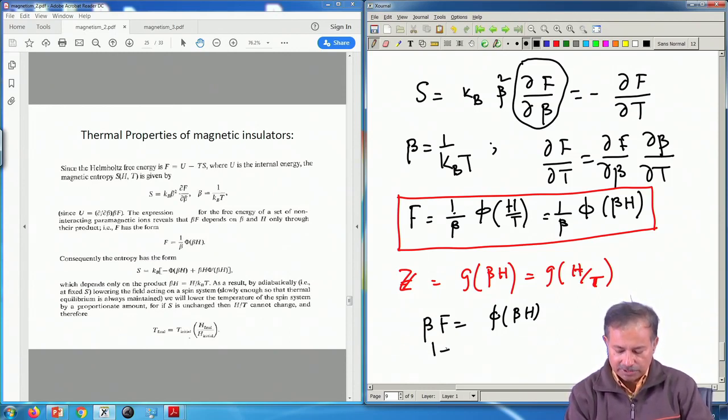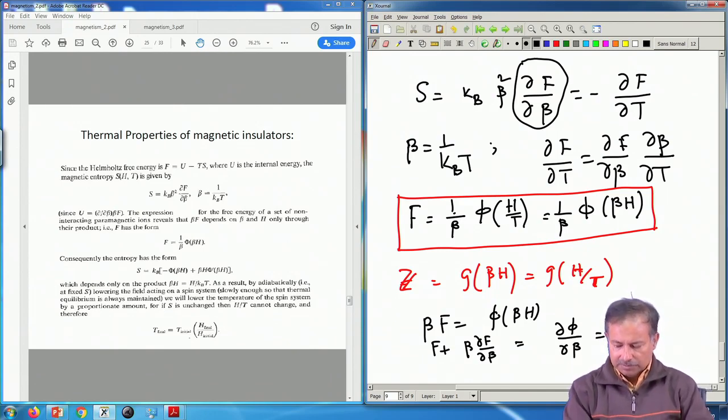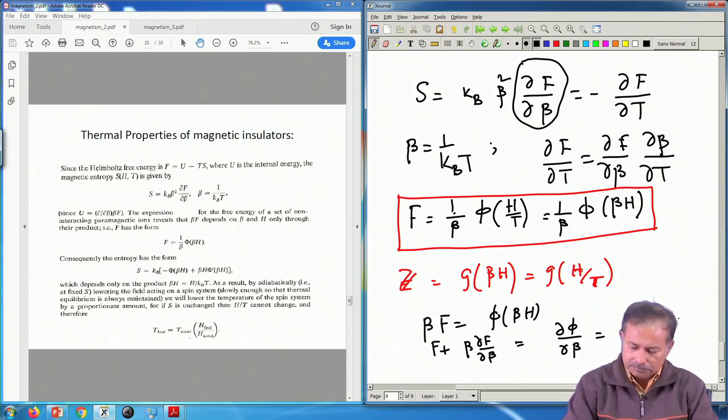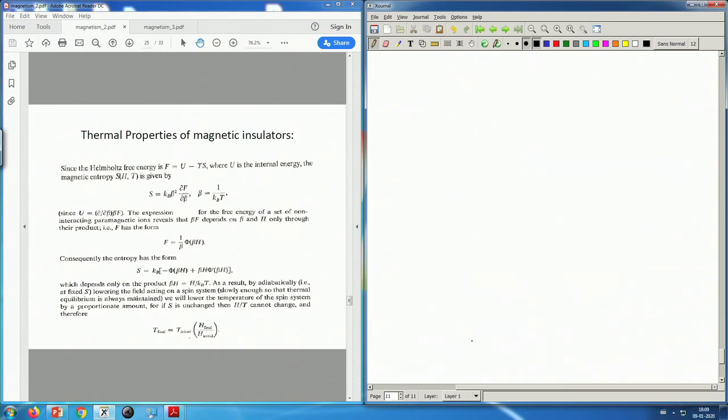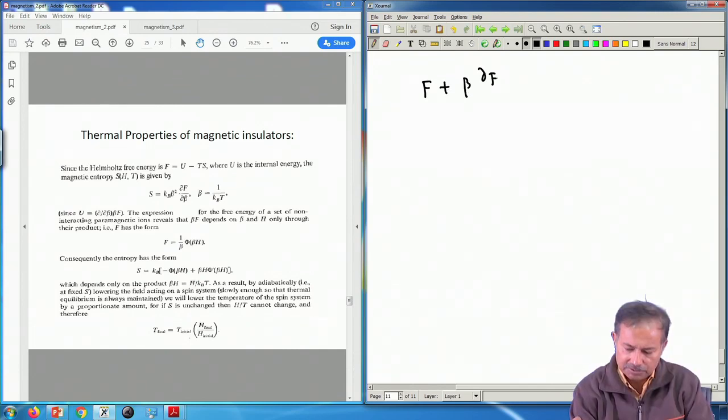This will be 1 plus f plus beta del f del beta equal to del phi del beta, which I write as phi prime. So, f plus beta del f del beta equal to phi prime.